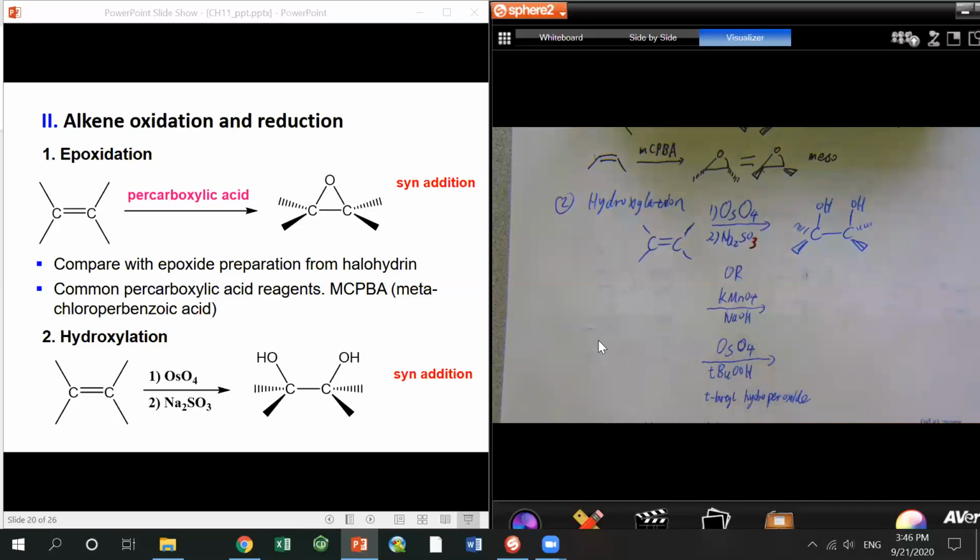Once the diol comes off from the intermediate, you cleave it off, and the reduced osmium goes back to osmium tetroxide, so it can be reused. Because osmium tetroxide is a little bit toxic, normally you don't want to use too much.